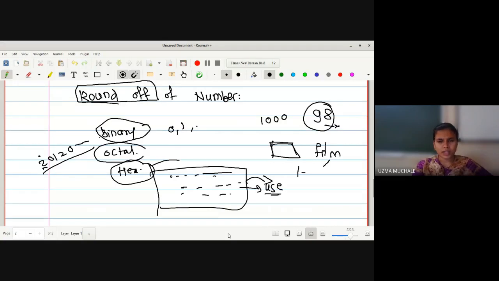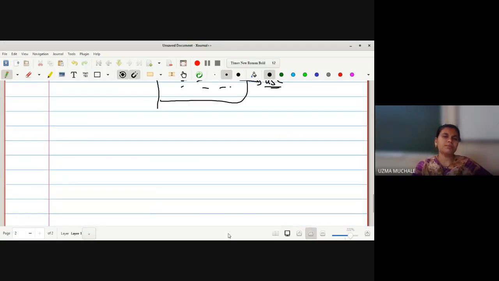And actually this rounding off of a number we use many times in daily calculations. Suppose the rate of a shirt is, say, 99. You can round off and give 100 rupees. Sometimes, no doubt, the shopkeeper may give 1 rupee back. Suppose you have taken some amount of money from your friend, say 55, so you can give him back 60 rupees also, right?